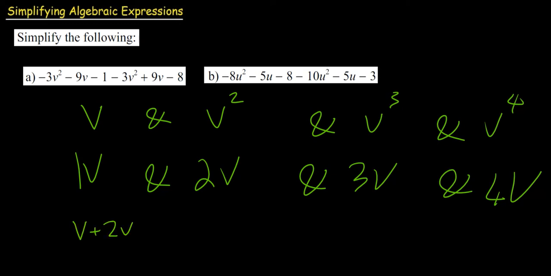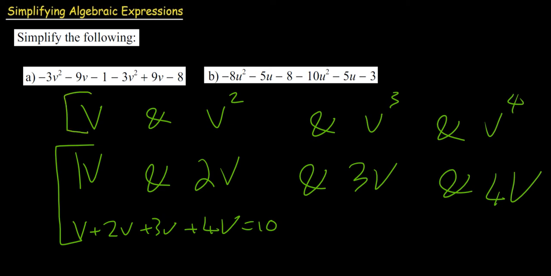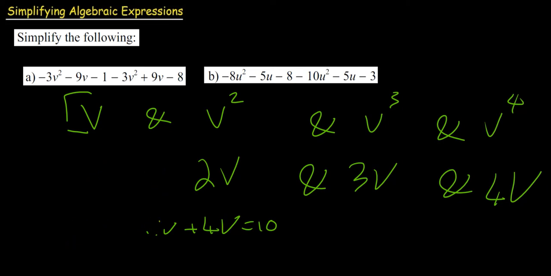V plus 2v plus 3v plus 4v is 10v. We can collect like terms here, but we cannot collect like terms here. They are different. And we can think of this as the following.